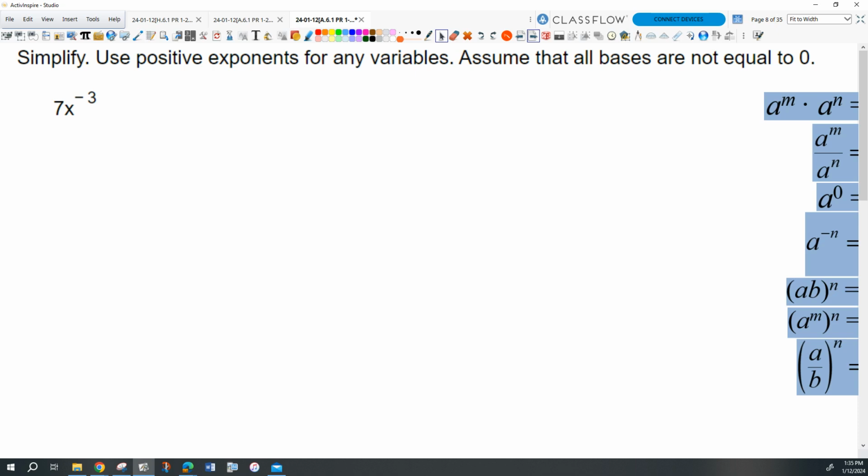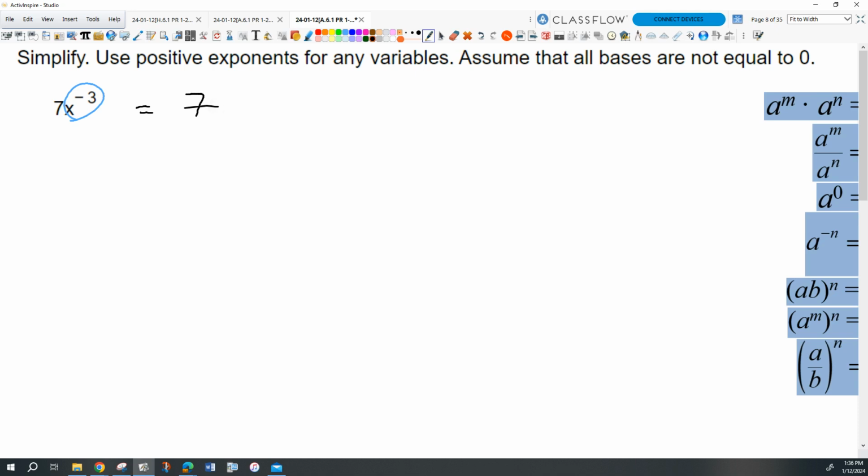What's being raised to the negative 3? Is the 7 being raised? No, it's not. Only the x. So I've got to take the x to the negative 3 and use my negative exponent rule. What's that going to become? 1 over x to the 3rd.